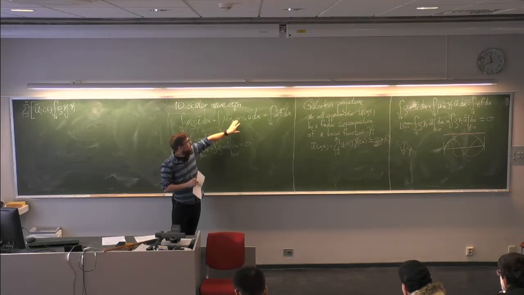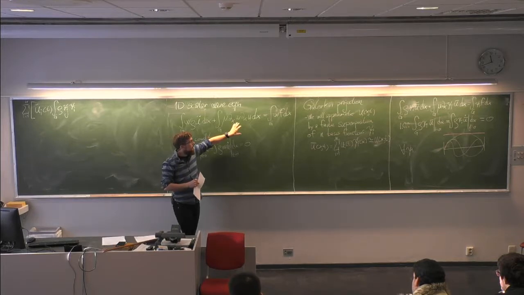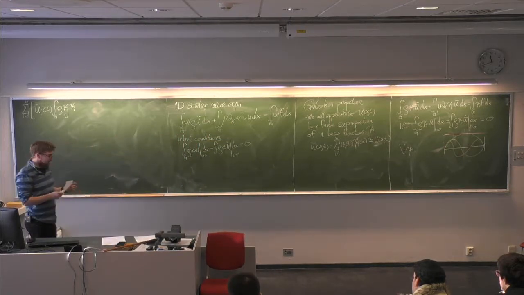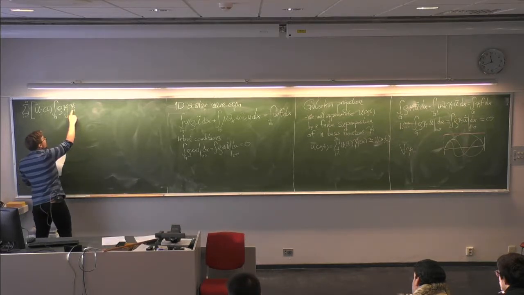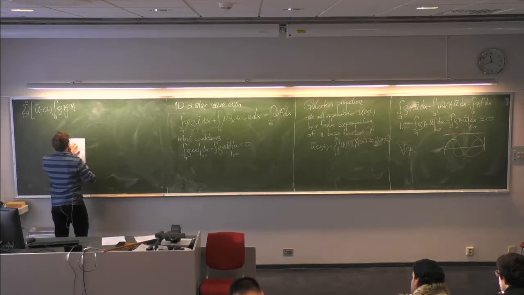And if I pick them to be a basis function, if the basis function has certain properties, you will see that it's going to be easier in the end. So this i is the basis function, this j is the test function.